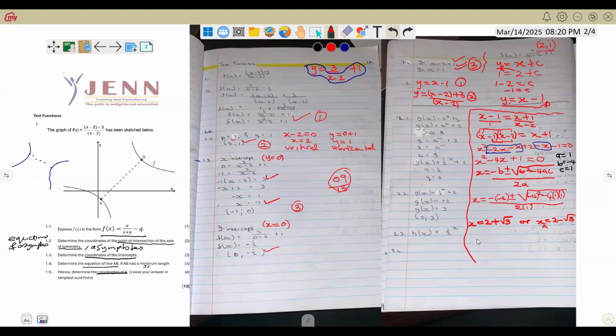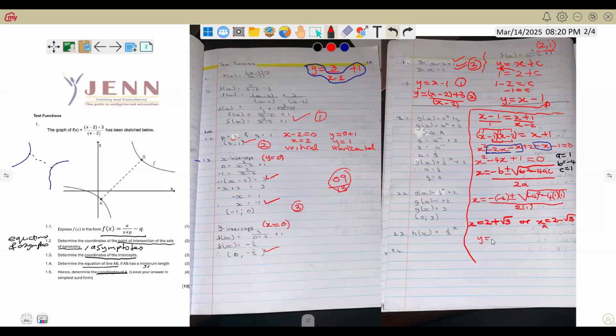So it means we now want the y. You just choose any equation from those two that we started with. I recommend you choose the simpler one. So the simpler one is what? y is equal to x minus 1.